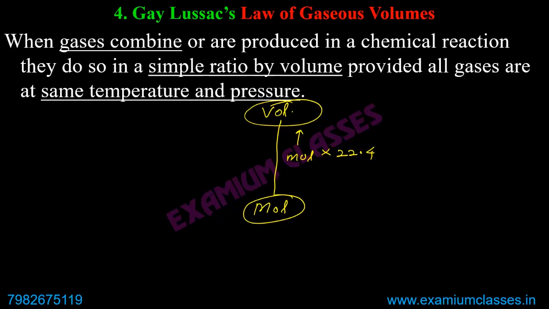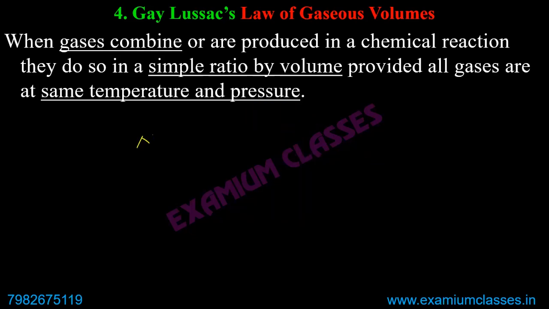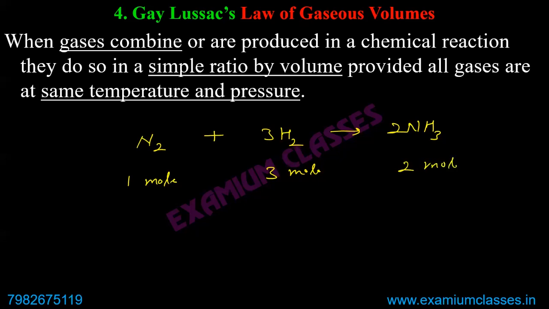Because there is direct relationship between mole and volume, that's why I said if you have N2 plus 3H2 gives you 2NH3, here you have 1 mole, here you have 3 moles, and when they are consumed completely, how many moles of ammonia you get? 2 moles.